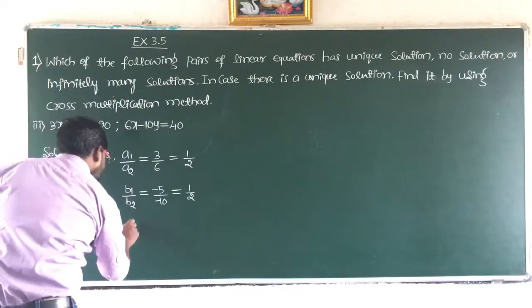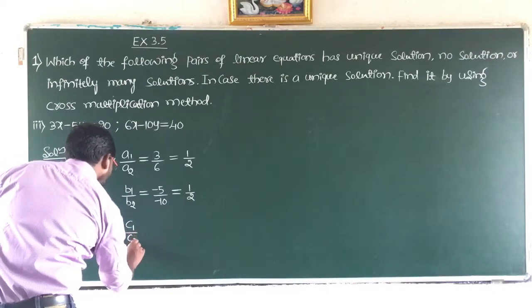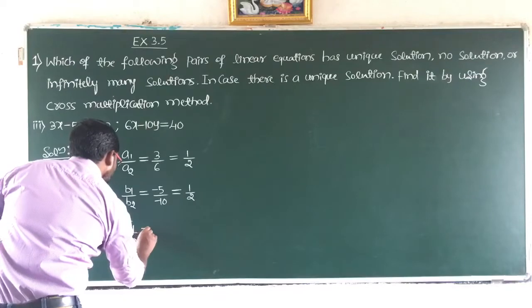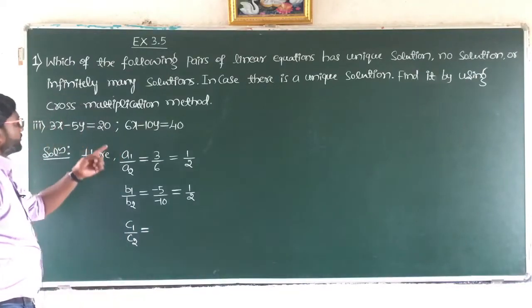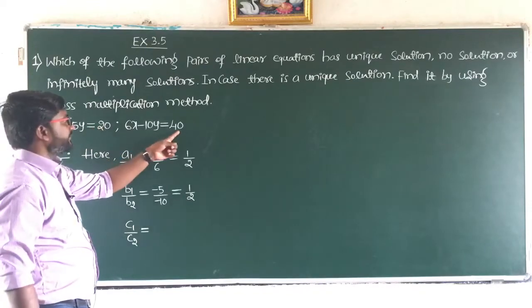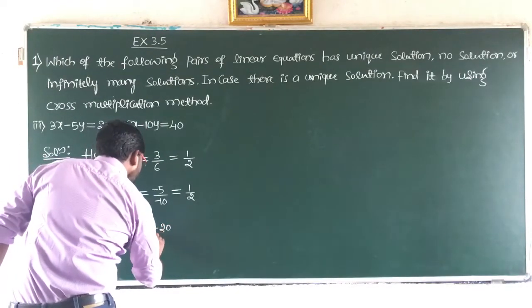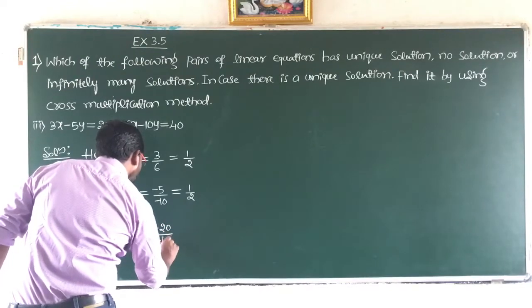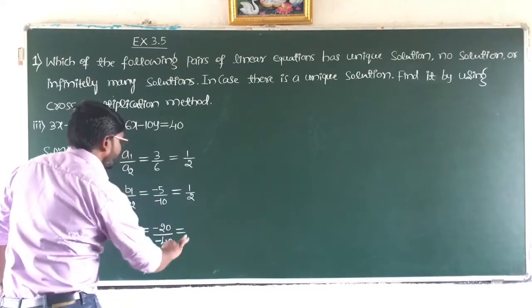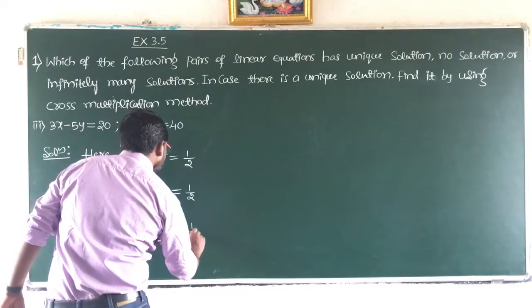Next we have to go for C1 by C2, which is equal to, take 20 to the LHS, it becomes minus 20, and here 40 to the LHS, it becomes minus 40. We get minus 20 divided by minus 40. So minus by minus is plus, then 2 ones are 2, 2 twos are 4, we get 1 by 2.